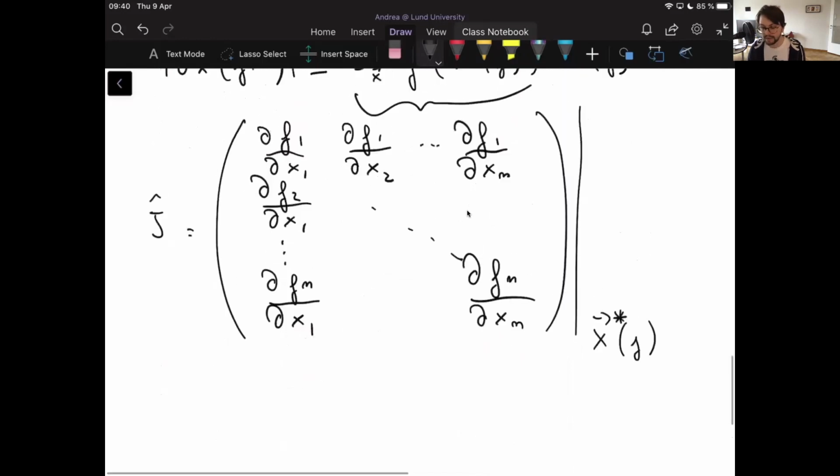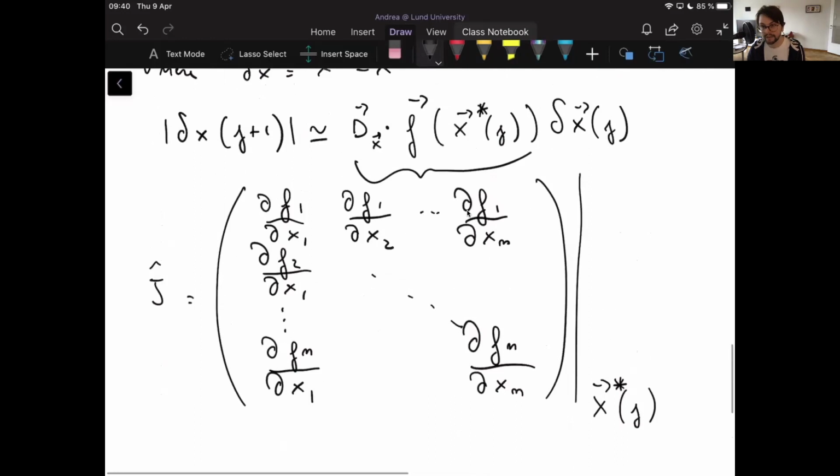I hope this generalization is good enough if you are familiar with multidimensional calculus, on why this formula corresponds to the Taylor expansion. Is it fine like this, or do you want a 2-dimensional example? It's clear enough for me.